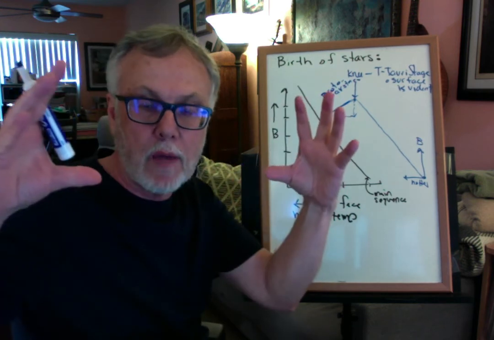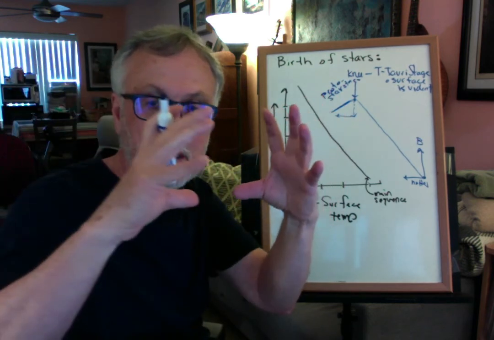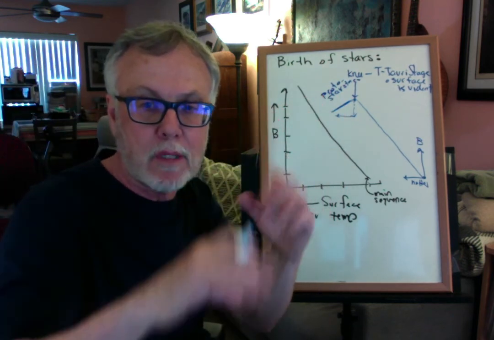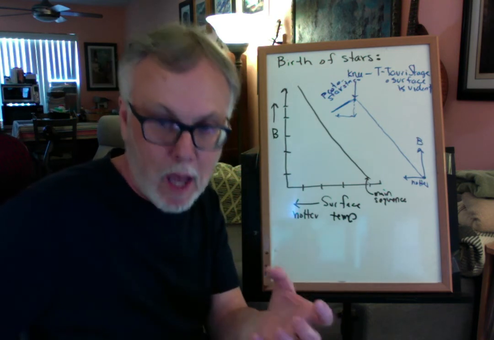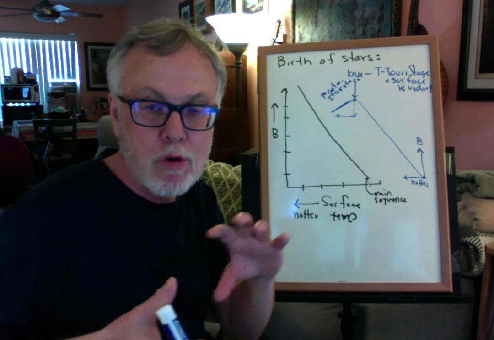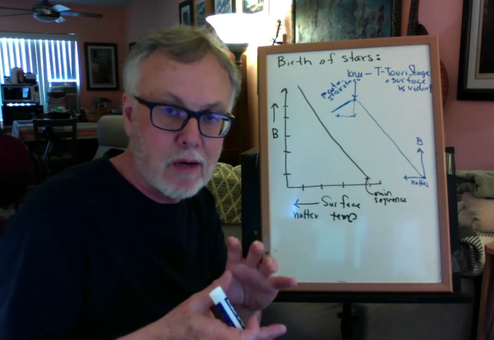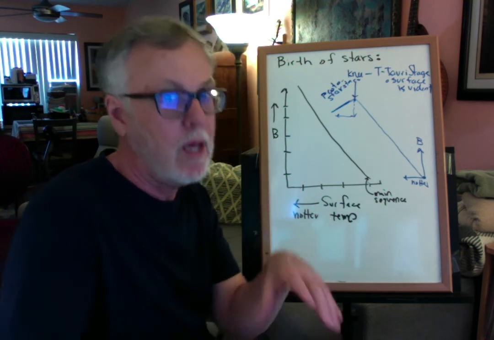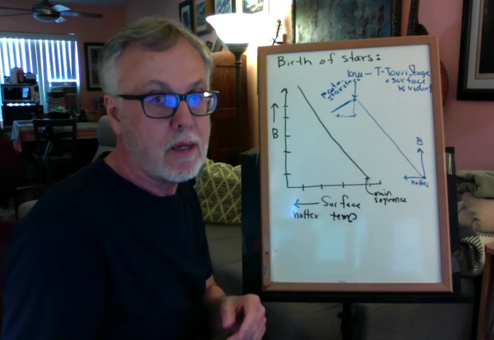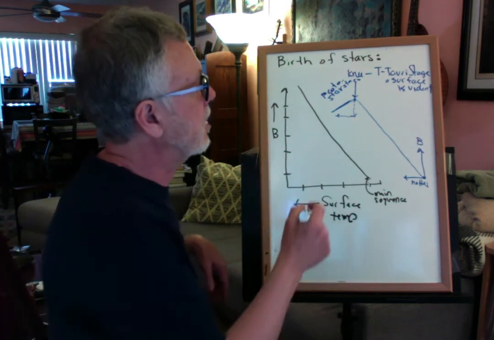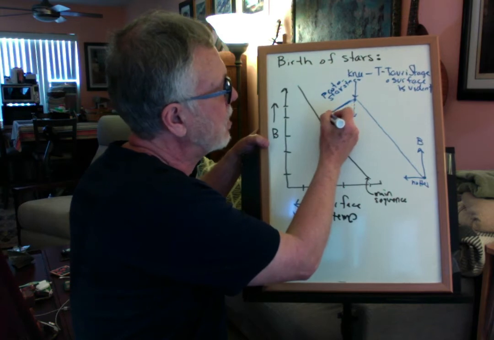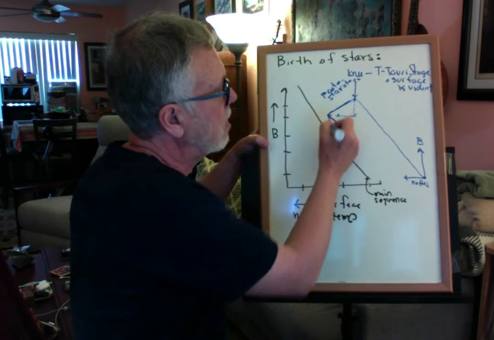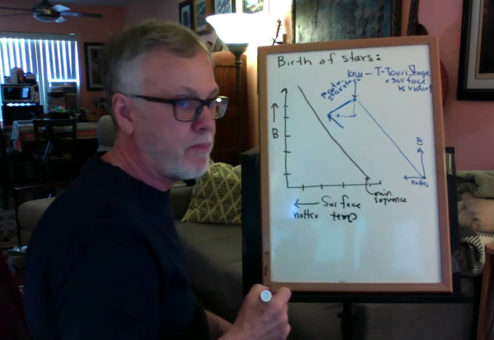So this thing all of a sudden drastically collapses. Because it collapses in size, it gets dimmer, but because it collapses in size, it gets hotter, because more gravity energy is converted to kinetic energy, which is converted to thermal energy, which heats it up. And so it goes through this and collapses until right there, something amazing happens.